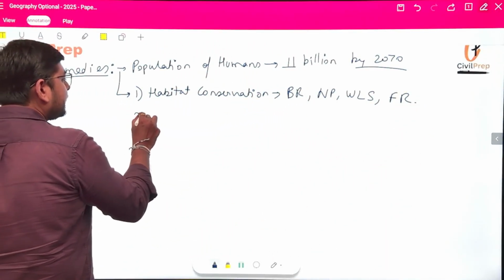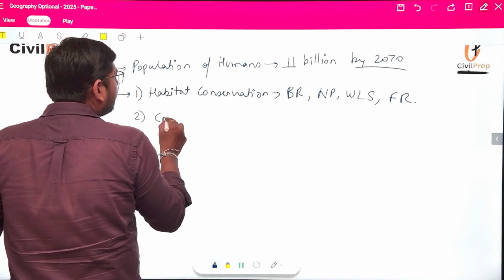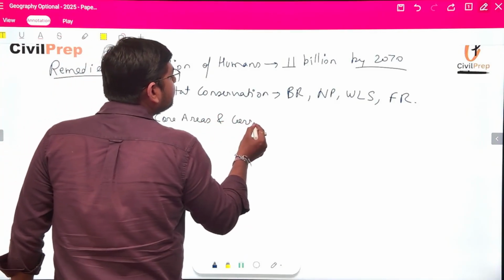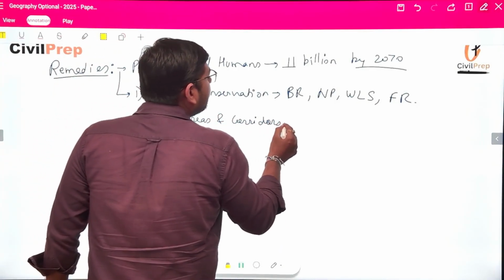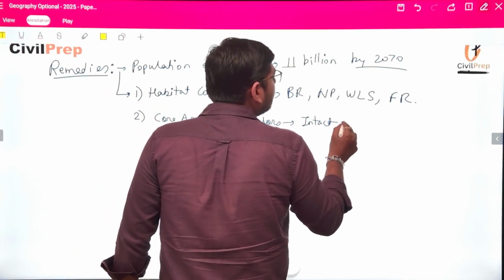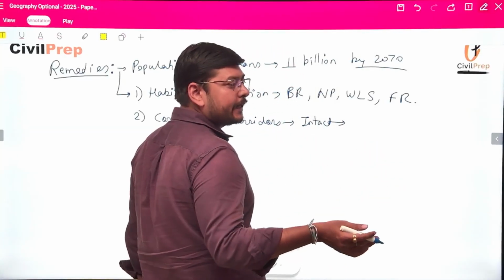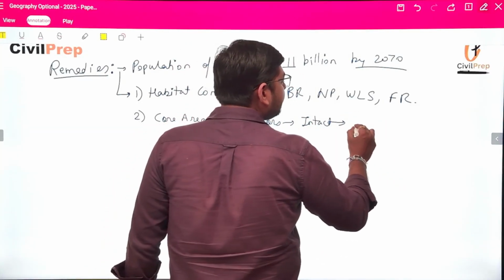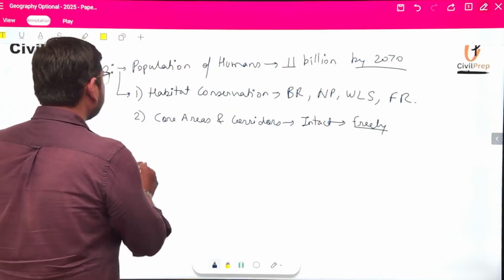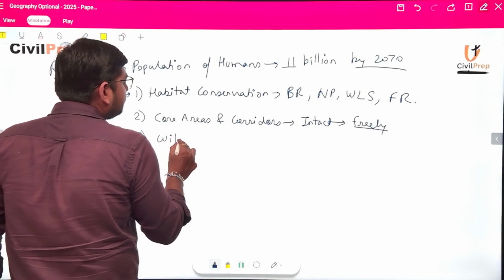And the second thing we will see is that the core areas and the corridors have to be made intact again, so that the animals do not go anywhere else and they move freely in the regions. Okay, so this is to be done here. Third thing, wildlife-centric infrastructure.